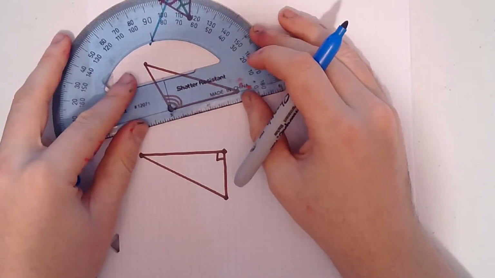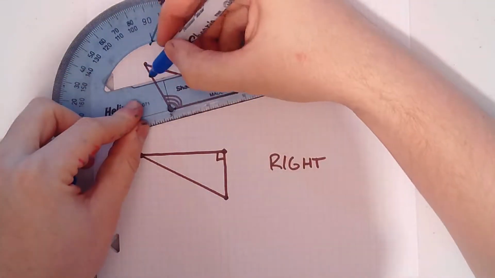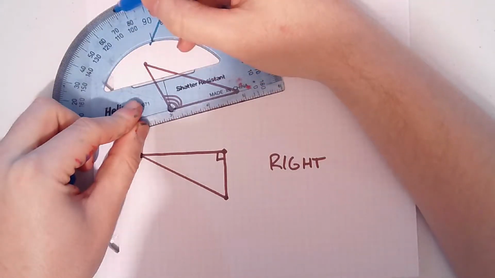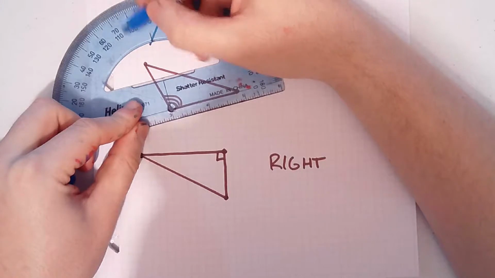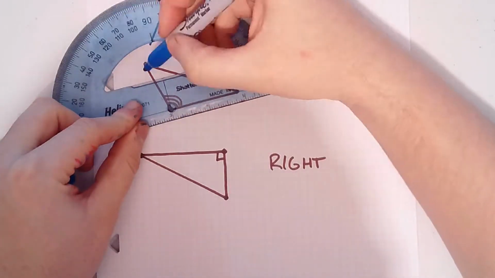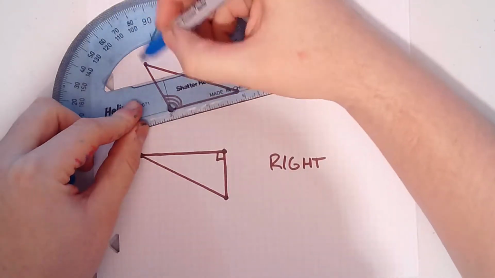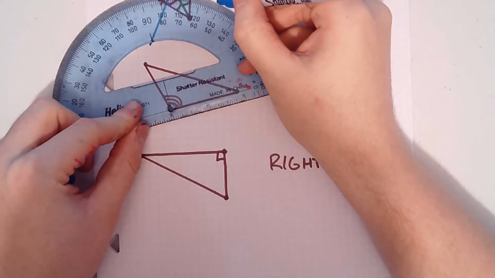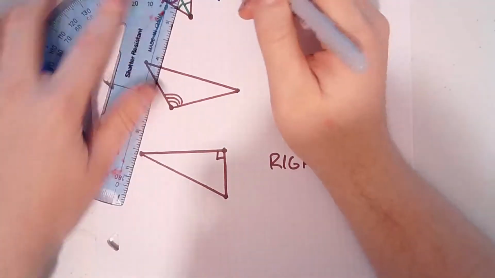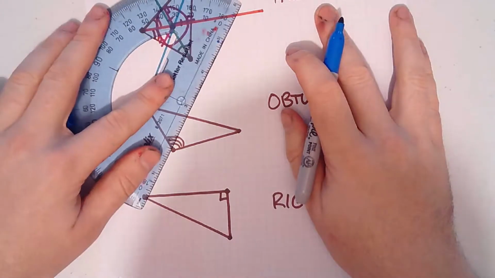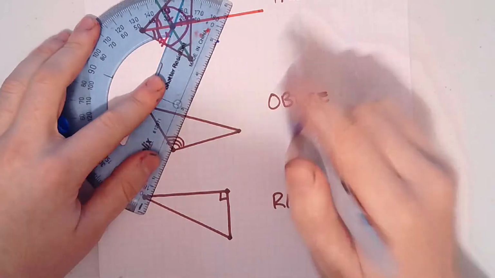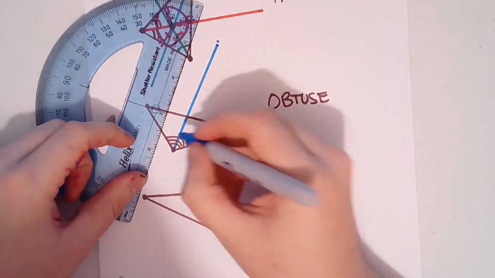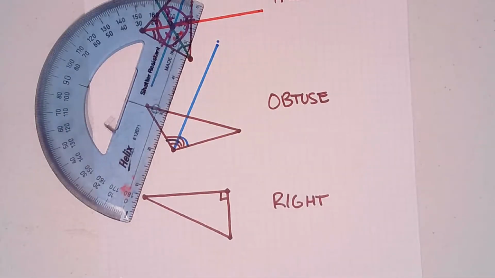So the angle measure here looks to be about 105 degrees. So if we cut that in half, we're going to get 52.5 degrees, which is somewhere over here-ish. So I'm going to draw a line between there and there. And there's my angle bisector. It cuts this guy in half, so this and this are equal angles.